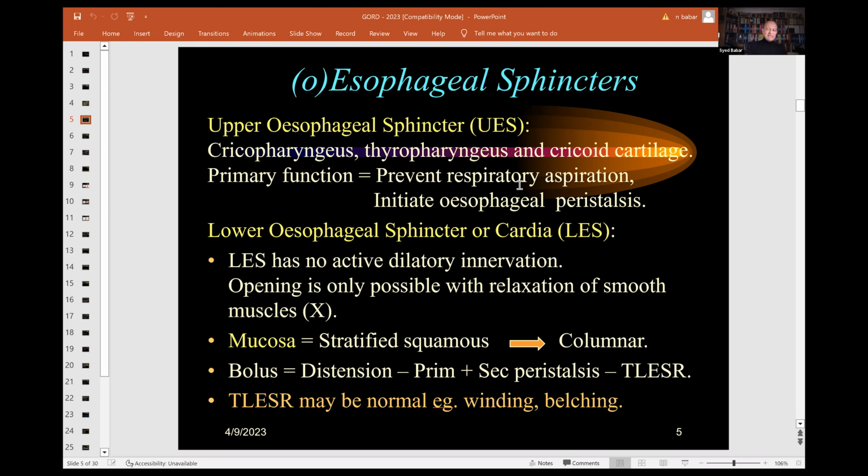And this is necessary when you think about a baby suckling or bottle feeding and therefore needing to wind. Similarly, people who overeat or eat rapidly or eat an inappropriate combination of food will need to belch. And if there was no belching mechanism, then the distension would cause significant problems.